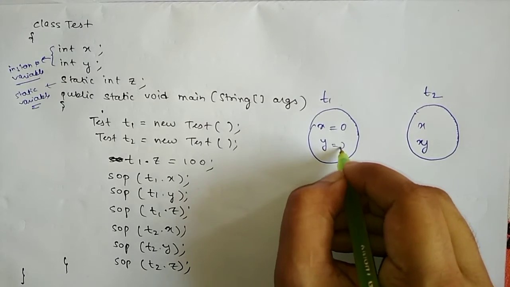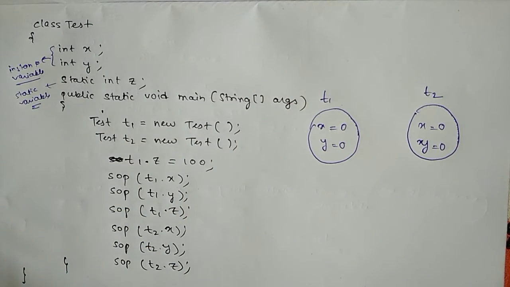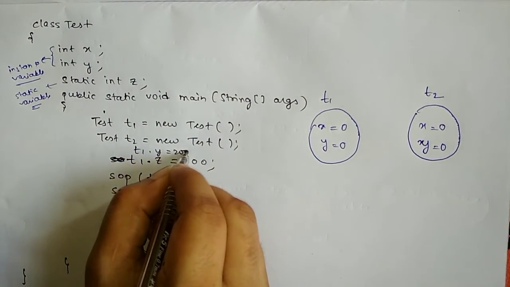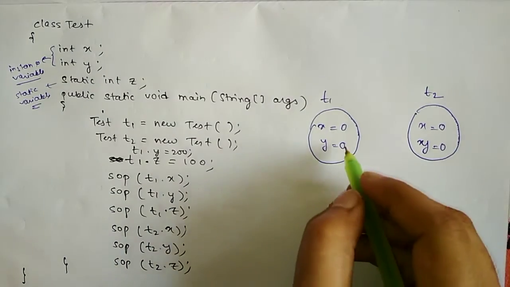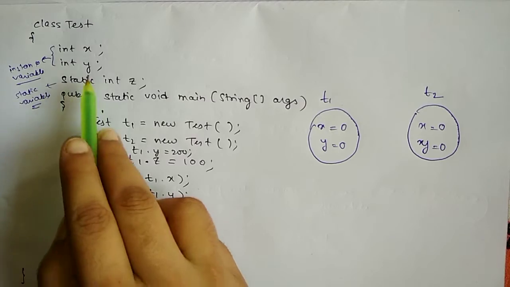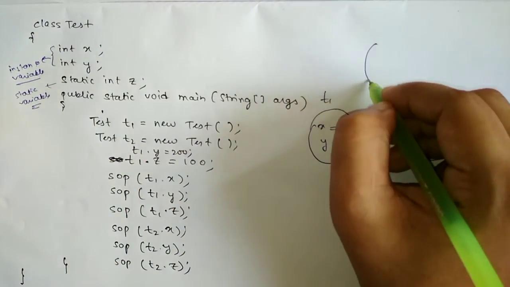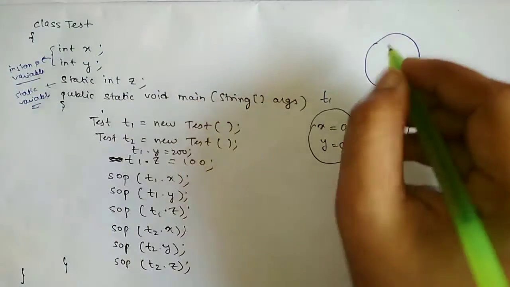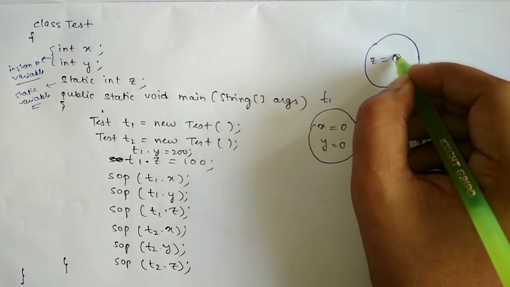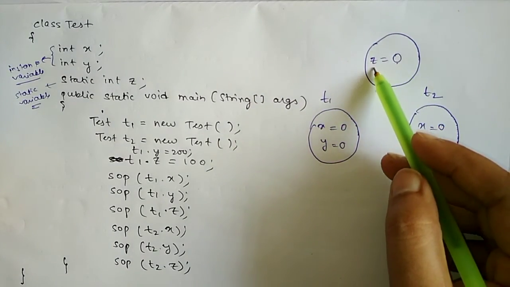The default value for int is 0. Also, a single copy of the static variable is created, and that will also be initialized to the default value of int.